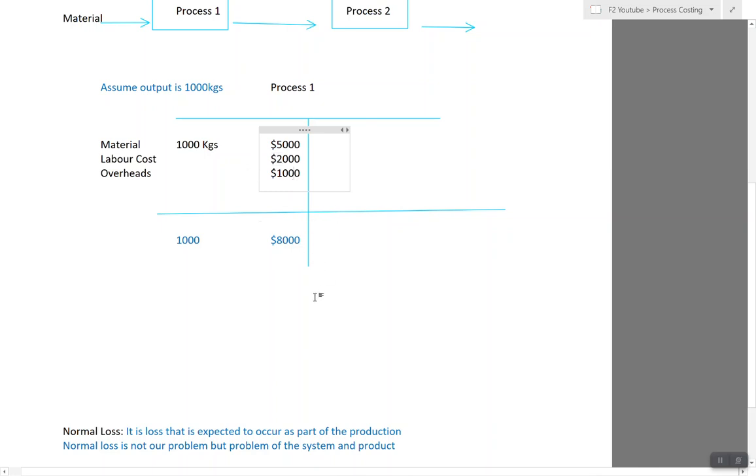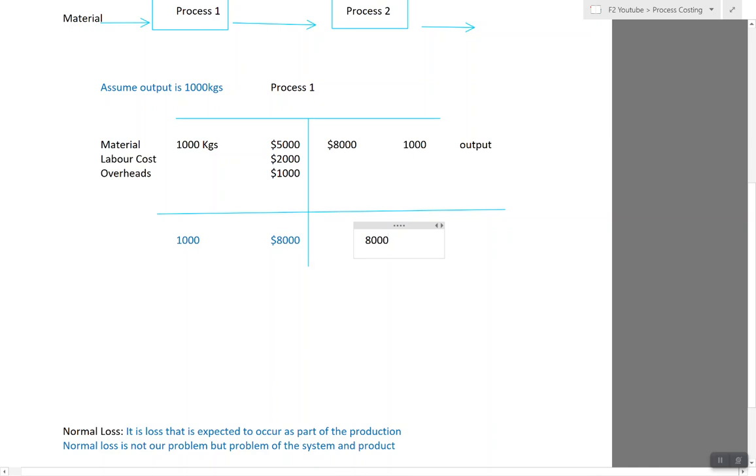So the total cost becomes 8,000. When they are finished, we would write that as output on the right side for 1,000 units, and collectively all of it is 8,000.